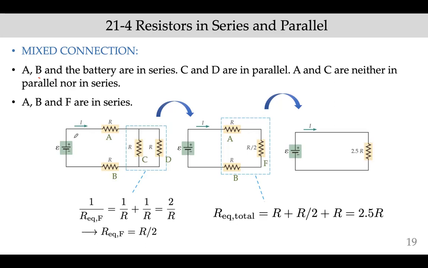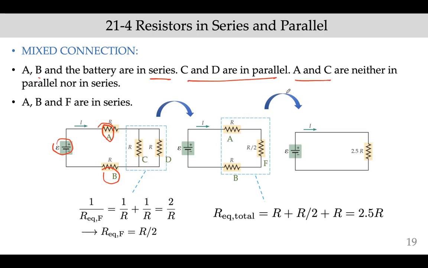So A, battery, and B, there's no interruption between them. They're connected in series, one after another. And let's look at C and D. They are in parallel because the ends are connected to the same point, same cable. So C and D are in parallel.